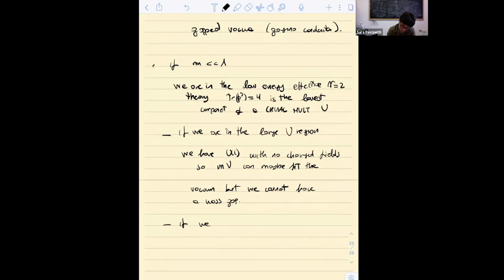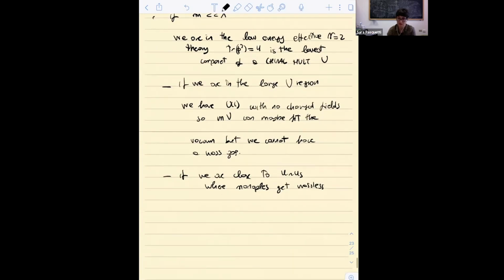But if we are close to the point where the monopoles become massless, then something interesting can happen. Because now, remember the description at low energy, we have supersymmetric QED. So now we have charged particles, which are the monopoles.